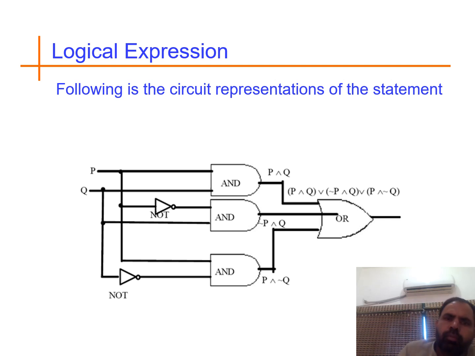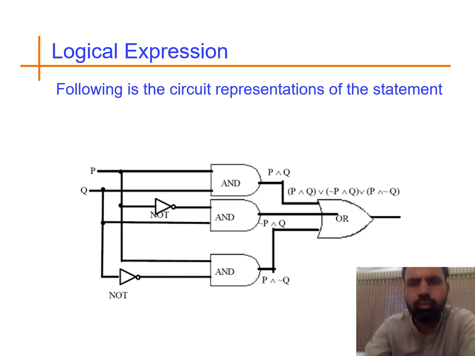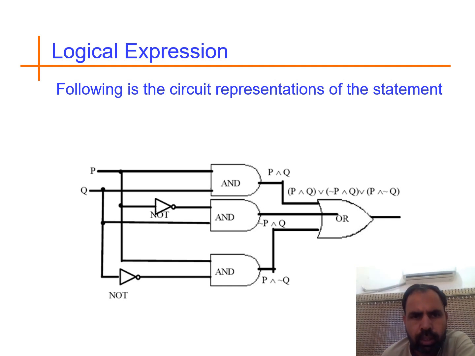P connects with this AND gate, and P also connects with this AND gate, and Q connects with this AND gate. Q connects with this AND gate and also with this AND gate, and the third one with this NOT gate.